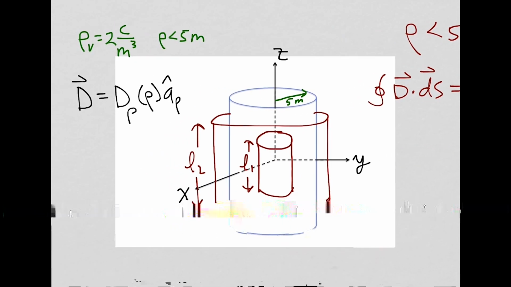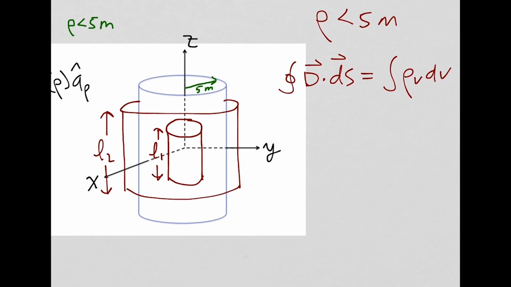Since the electric flux density only has a component in the rho direction, this integral is over the top, the bottom, and the side of this cylinder. The only place flux goes through is the side. The integral of D dot dS over the top and the bottom is 0. So this reduces to the integral of D dot dS over the side.